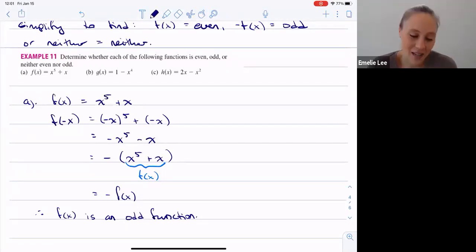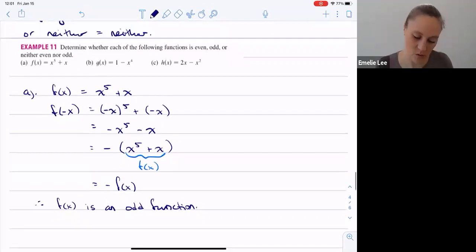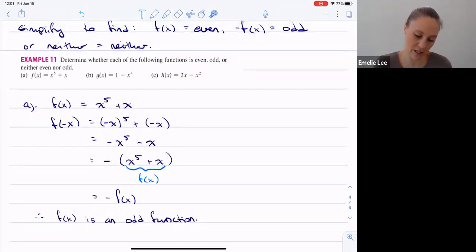So let's keep going. G of x is 1 minus x to the 4th. Now, one thing that you can kind of start to do, and just as a quick check, and it'll come up in the next section, is here, our highest power is odd, right? So if anything, it's going to be an odd function, right?